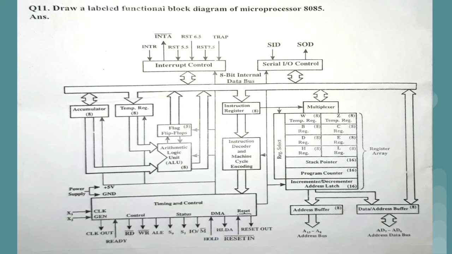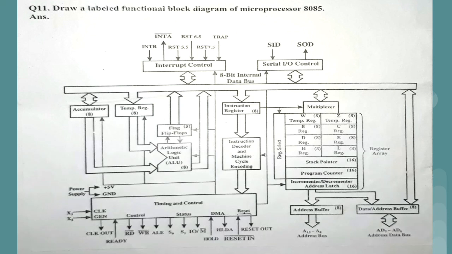If you notice the upper part, the pins they have given, if I consider the top part, we have INTR, INTA, then RST 5.5, 6.5, 7.5 and TRAP. All these are nothing but the interrupt related pins, right? This particular topic we covered in the last lecture.